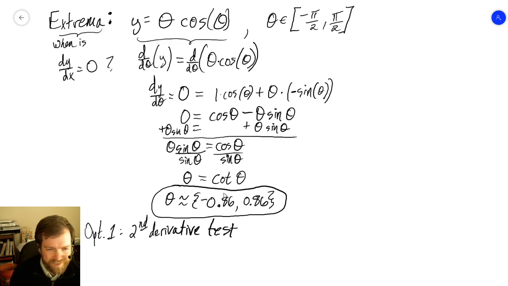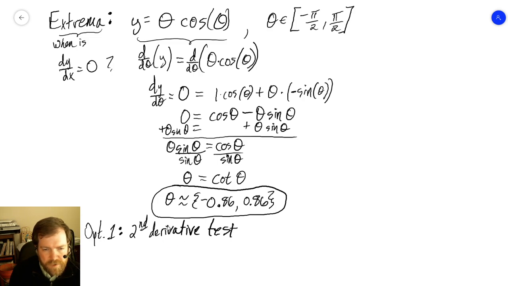Not really, at least I don't know one. There could very well be another way to solve this particular equation, but theta equals cotangent theta is so simple and also implicitly defined that it makes it really difficult.